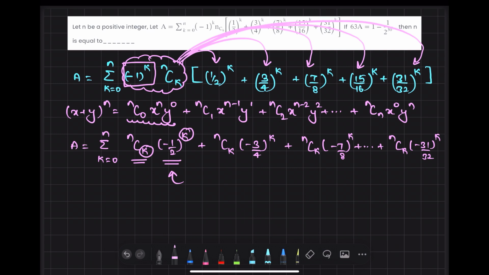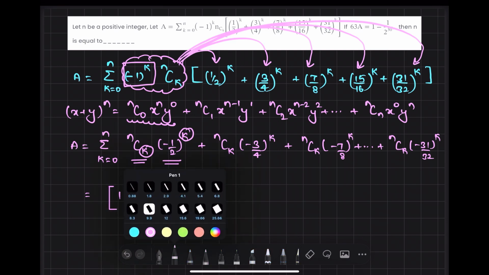Correct. So can I write this question as 1 plus minus 1 by 2 power n? Just tell me.